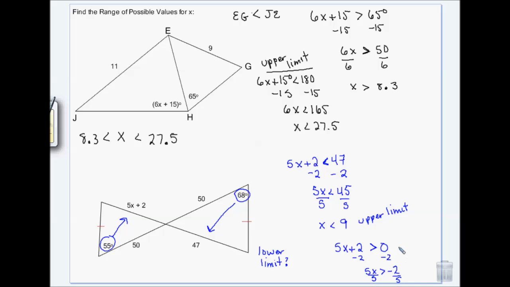Subtract 2 from both sides, then divide by 5, so x is going to be greater than negative 0.4. Sorry, I'm running out of space. So I know that negative 0.4 is the smallest it can be, and 9 is the largest it can be.